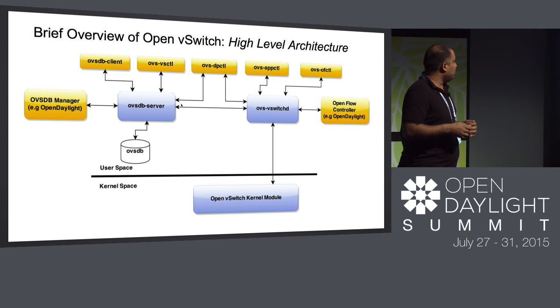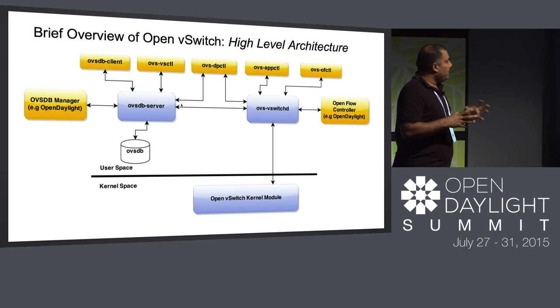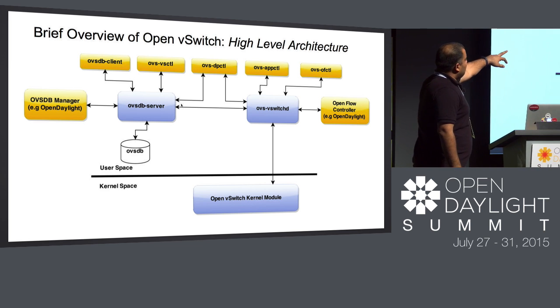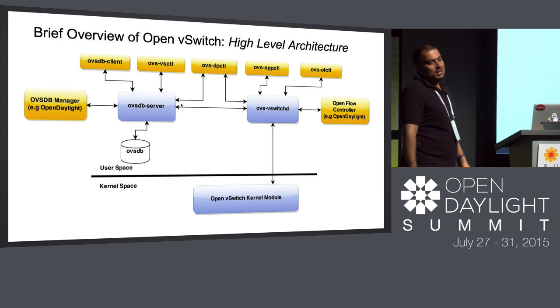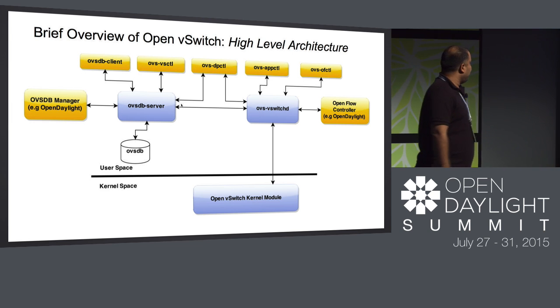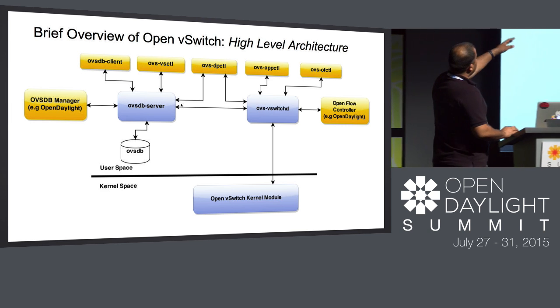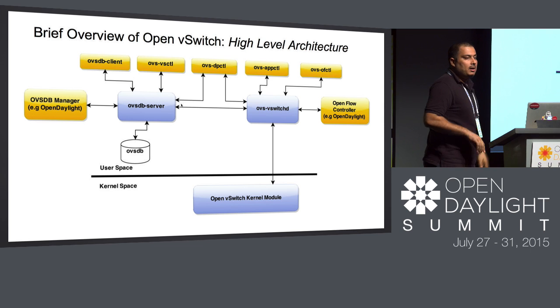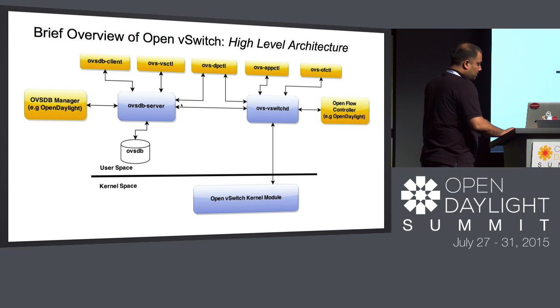We'll cover the details later. Once we create a bridge and connect it to the controller, the controller talks to ovs-vswitchd, which does all the flow installation, removal, and so on. Tools like ovs-vsctl, ovs-dpctl, and ovs-ofctl interact with these processes, and from a command line you can dump the details.